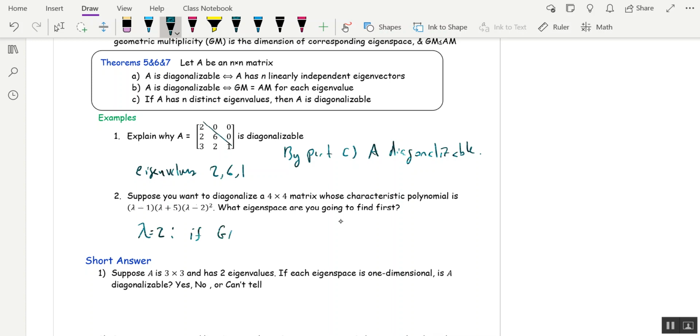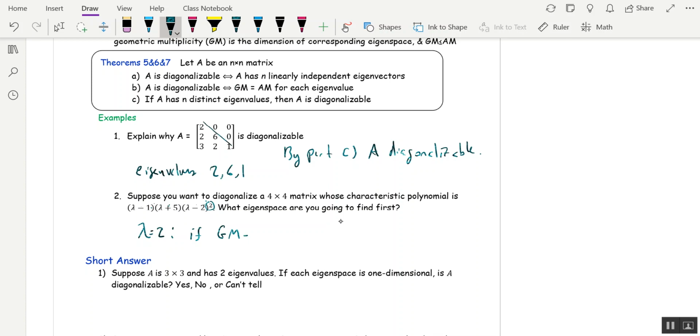The GM has to be less than or equal to the AM. The AM's 2. So the GM could be 2 or 1. If it's 2, then A is going to be diagonalizable, because you're going to get 1 for this, 1 for this, 2 plus 1 plus 1 is 4.